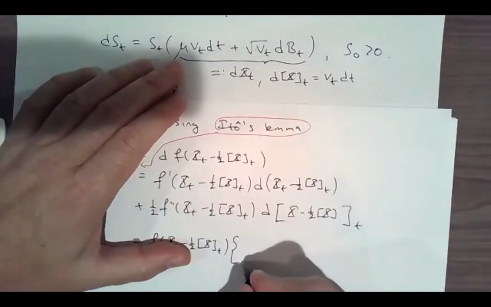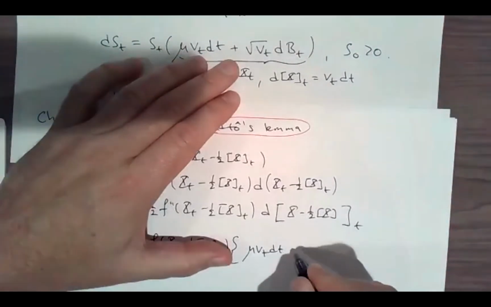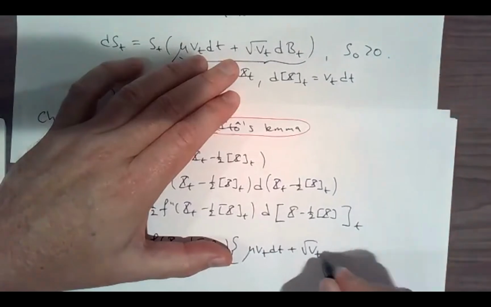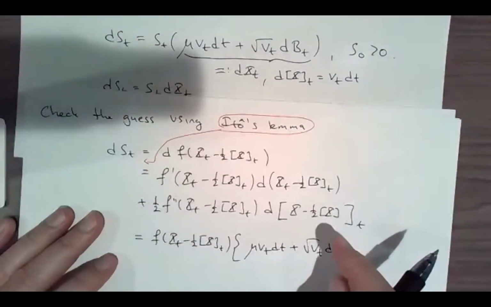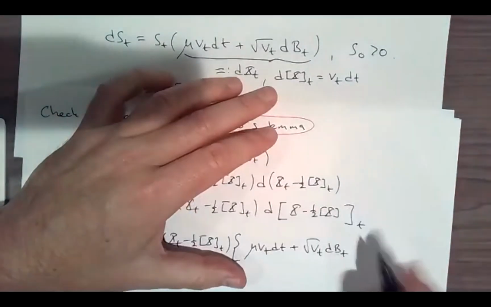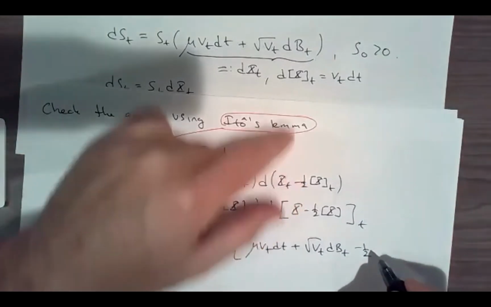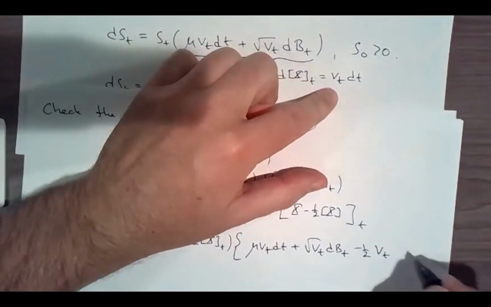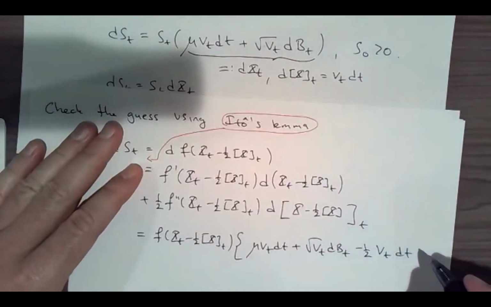dX is up here. This is mu v dt plus square root vt dBt. That was my dX minus, and then I have 1/2 the quadratic variation. This was vt dt. So that was the first part.